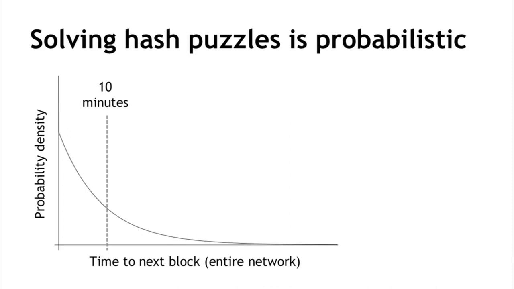Right. So this is a graph that shows how frequently blocks are going to be created by the entire network, not caring about which miner this is coming from. If you're a miner specifically interested in how quickly you're finding blocks, what does this probability density function look like? Well, it's going to have the same shape, but it's just going to have a different scale on the x-axis. Again, it can be represented by a nice equation.